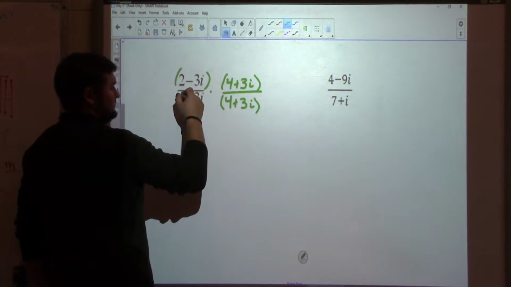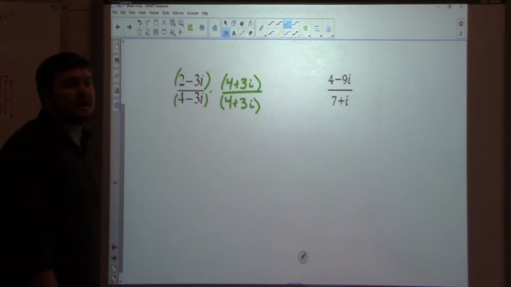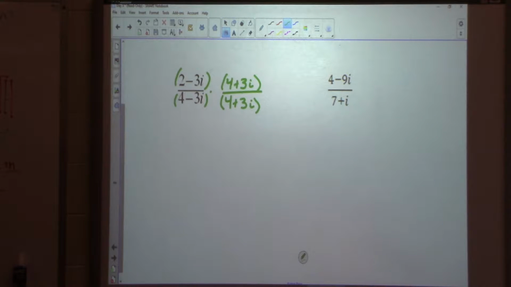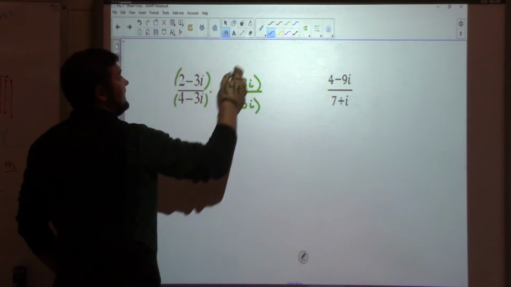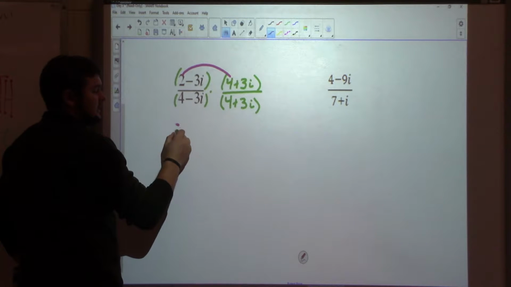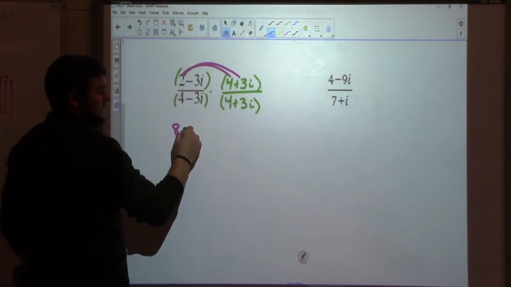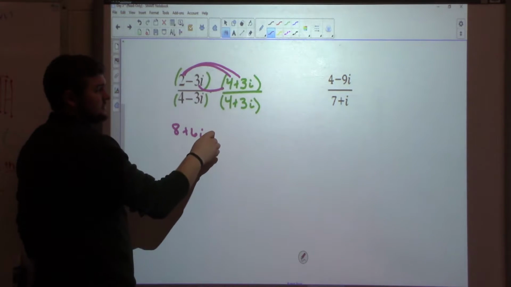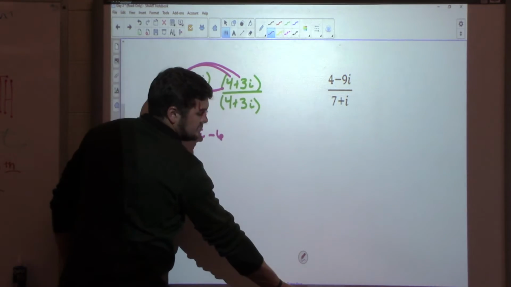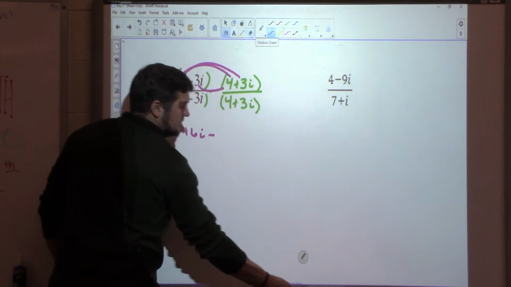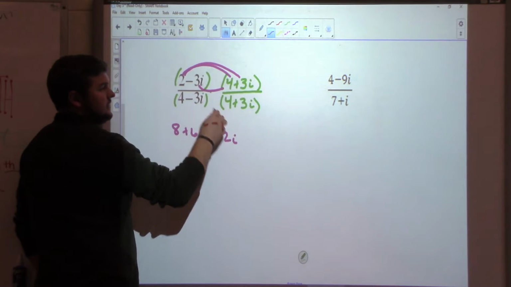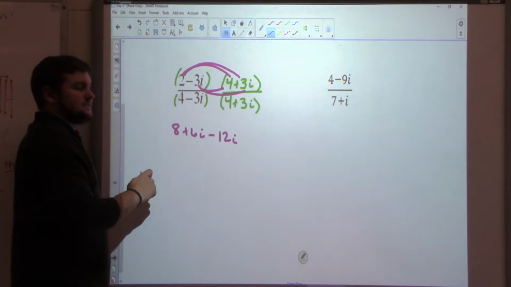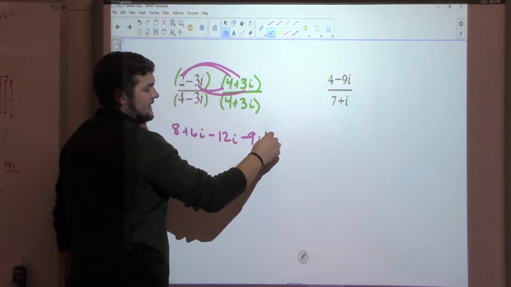On both top and bottom, I'm going to end up FOILing. On top, 2 times 4 is 8. 2 times 3i is 6i. Negative 3i times 4 is minus 12i. Negative 3i times positive 3i is minus 9i squared.